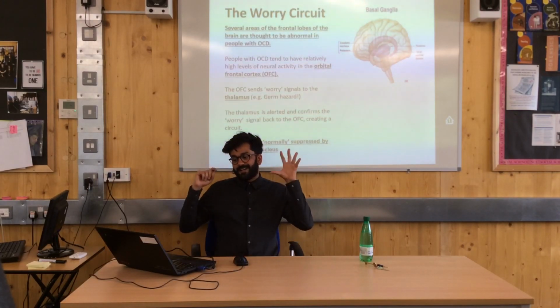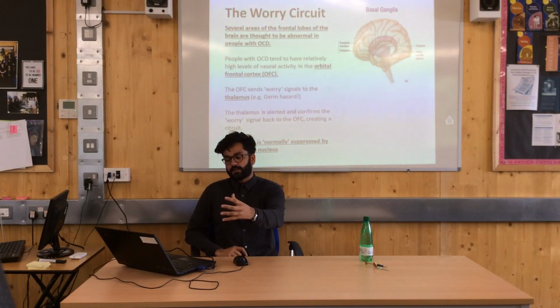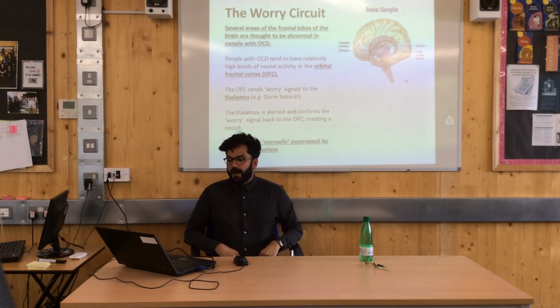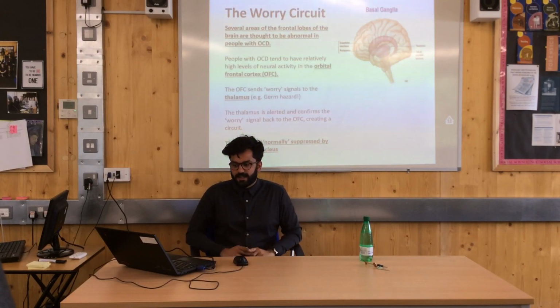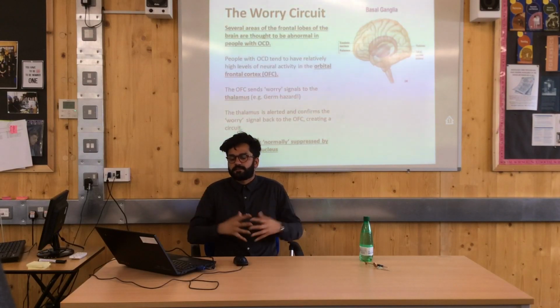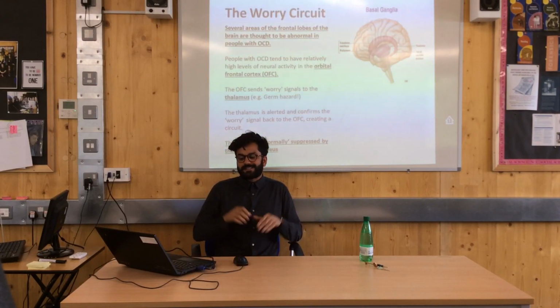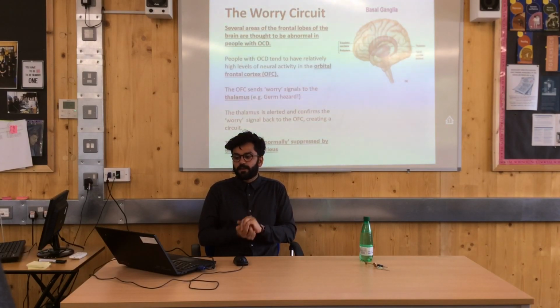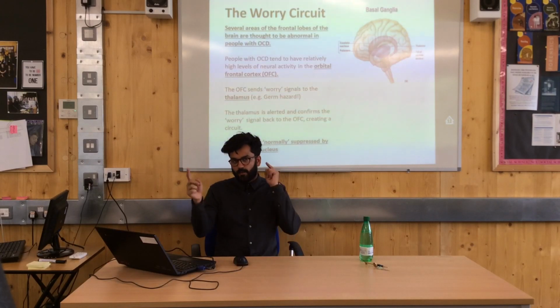The thalamus is then alerted and confirms this worry signal back to the OFC, and that therefore creates a circuit, and that is the worry circuit. Now, this system would normally, in a normal person who doesn't suffer from OCD, be suppressed by the activity of the caudate nucleus, but those who do suffer from OCD have that worry circuit.